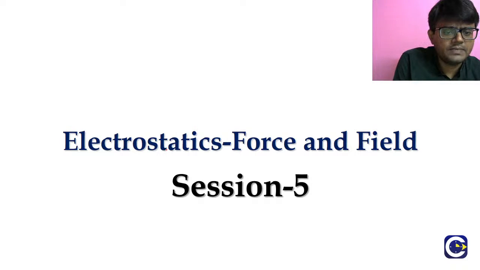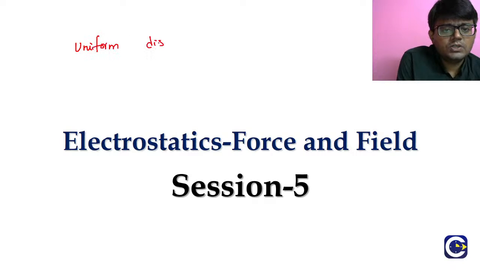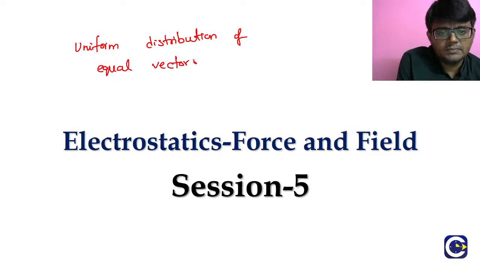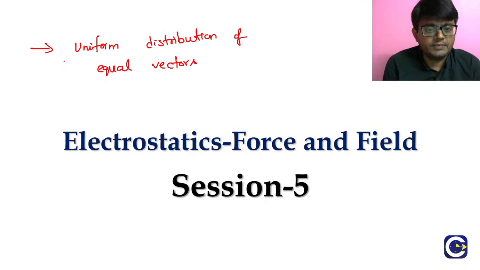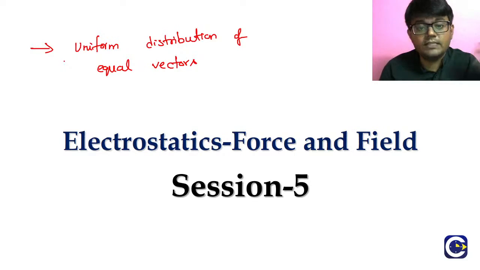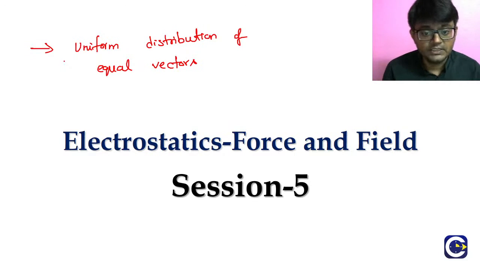In session 4 we completed the idea of uniform distribution of equal vectors. So it's an important principle. If you have equal vectors, it may be in terms of force, or we'll see some more types of vectors in this session.